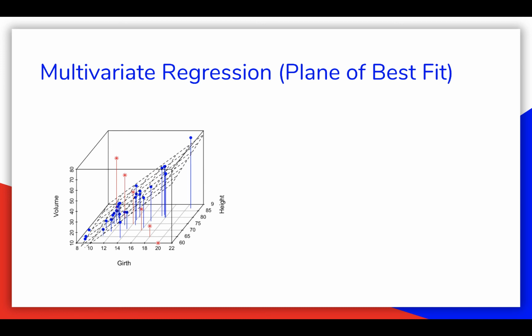But ultimately, it's trying to minimize those errors to best fit this data. But let's jump into the lab so that we can start interpreting some results, right, with some coefficients and R-squareds and stuff. But yes, this is mostly a logical extension of the bivariate regression.